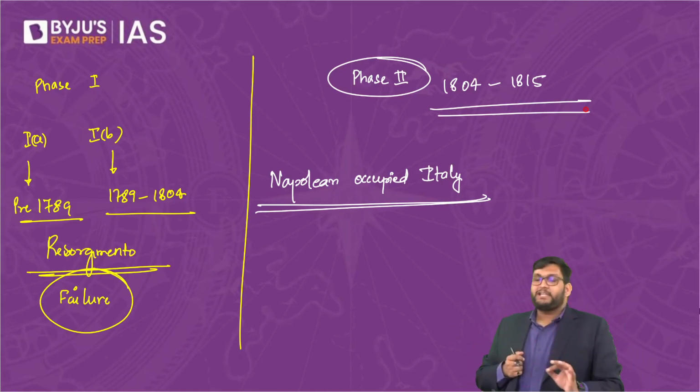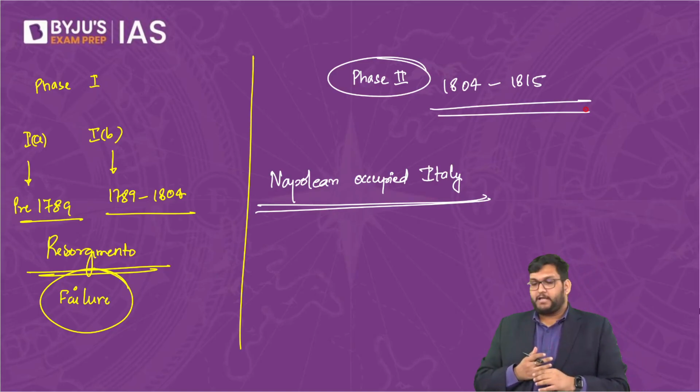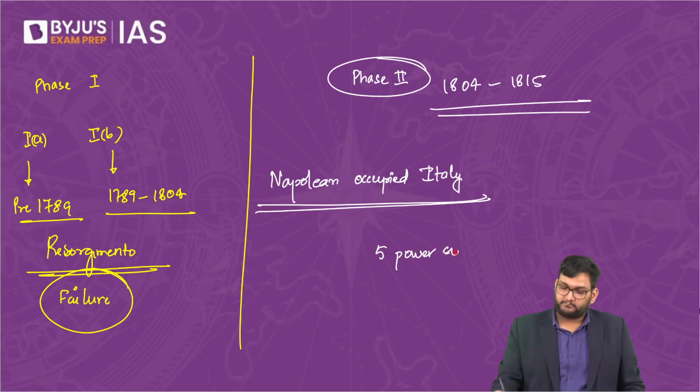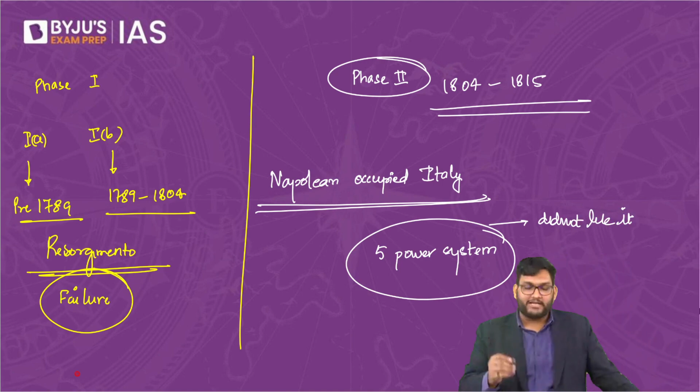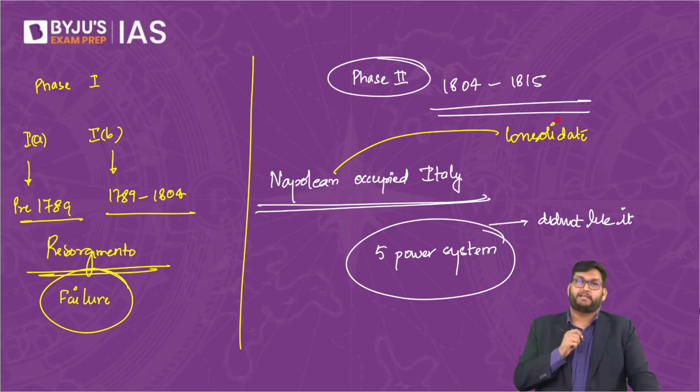Now Napoleon does something similar to what he did in Germany. See, Napoleon didn't like this 5-power system. He did not like it. So again, what Napoleon does is consolidate. How? From 5 powers, he basically divides Italy into 3 basic units.